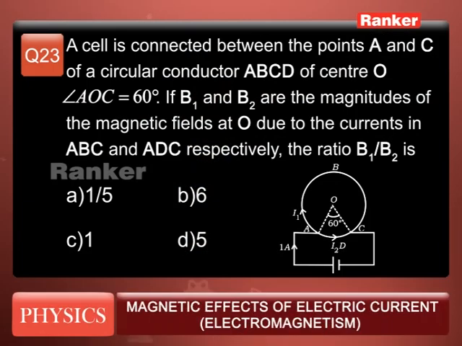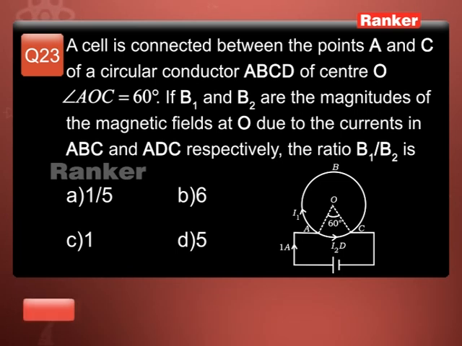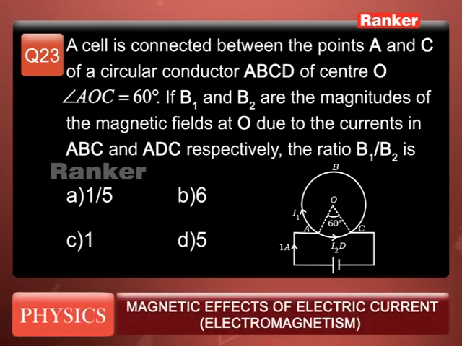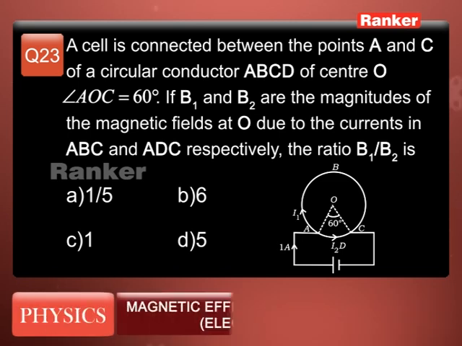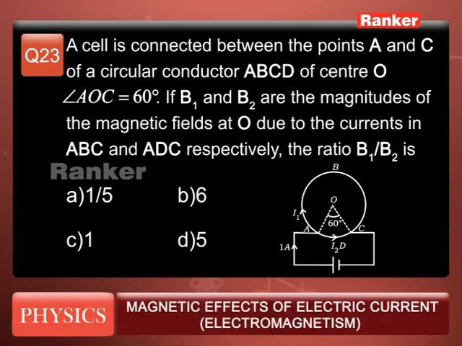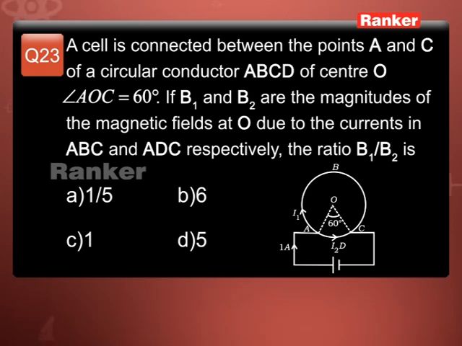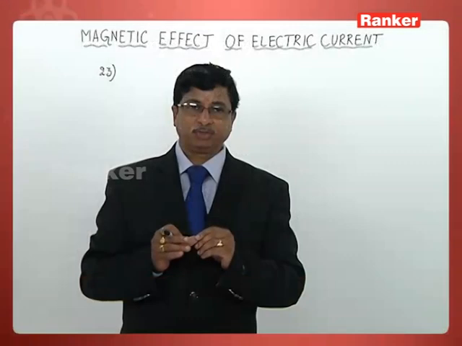First option he has given us is 1 by 5, the second option is 6, that is a 6:1 ratio. The third option is 1, that means 1:1, and the fourth option is 5, so obviously it's 5:1. Out of all the four, we have to decide which is the correct option.